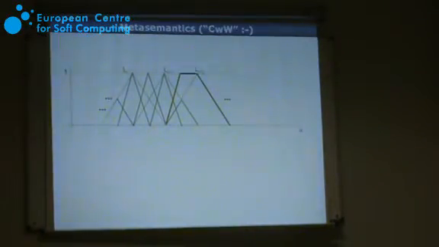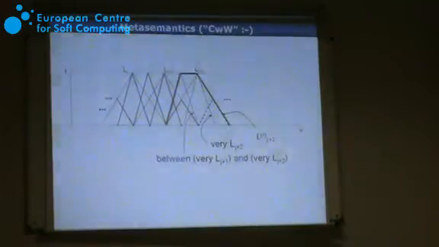Well, if I look carefully what's inside of this one, I have three triangles. So this dotted black one, which happens to be very Lj plus 2.